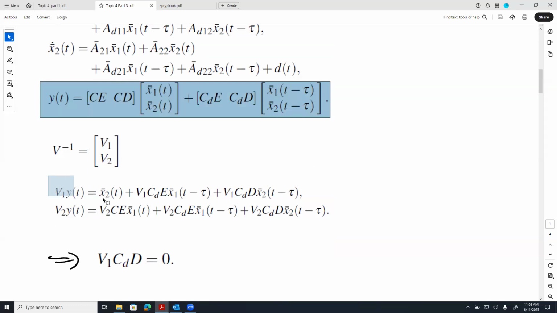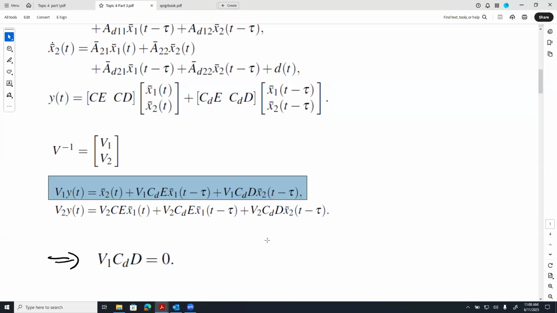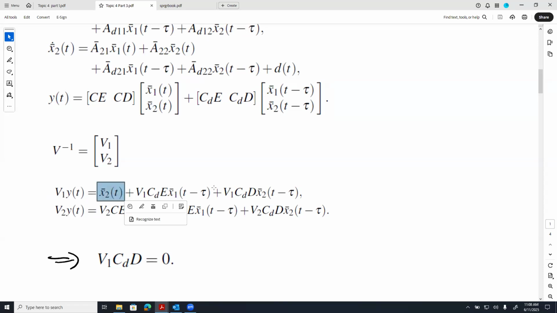Now, have a look at this equation. When we look at this equation, we see that, wow, we are facing a little bit of a problem in here. The reason is that when we look at how to explicitly express x2, or x bar 2 of t, in its entirety, we are having a problem because we also have a delay bit in here.